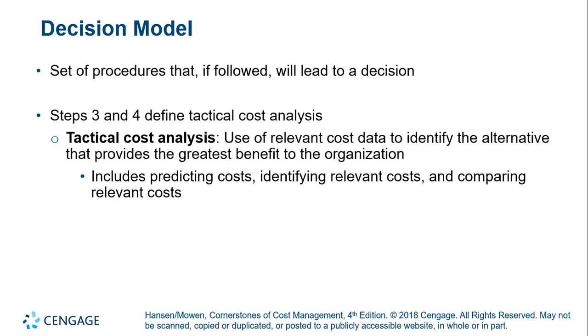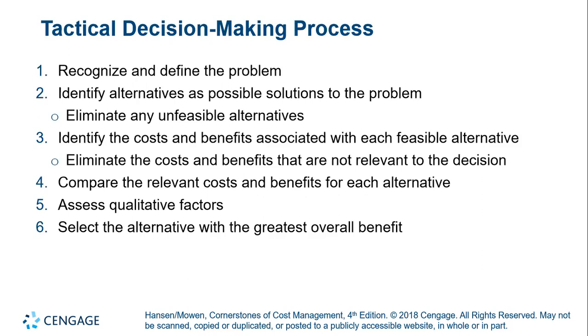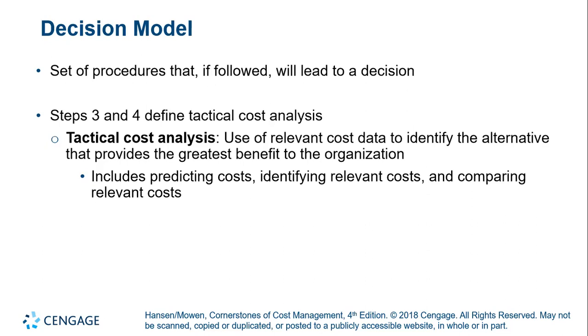It includes predicting cost, identifying relevant cost, and comparing relevant costs. So you refer to steps 3 and 4 in connection with the tactical cost analysis by identifying the costs and benefits and comparing the relevant costs and benefits.